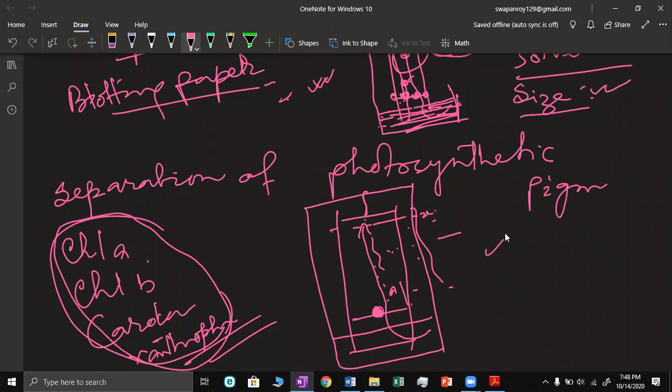This way they can be separated. There are different methods and different types of paper chromatography, and for different types of chemicals present in the mixture, the solvent etc. is prepared differently. This is a method of separation of chemical compounds from a mixture.